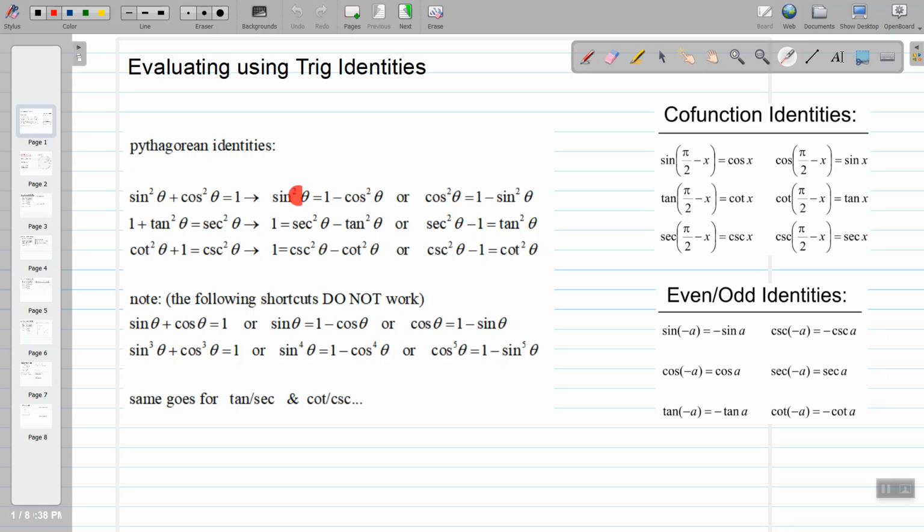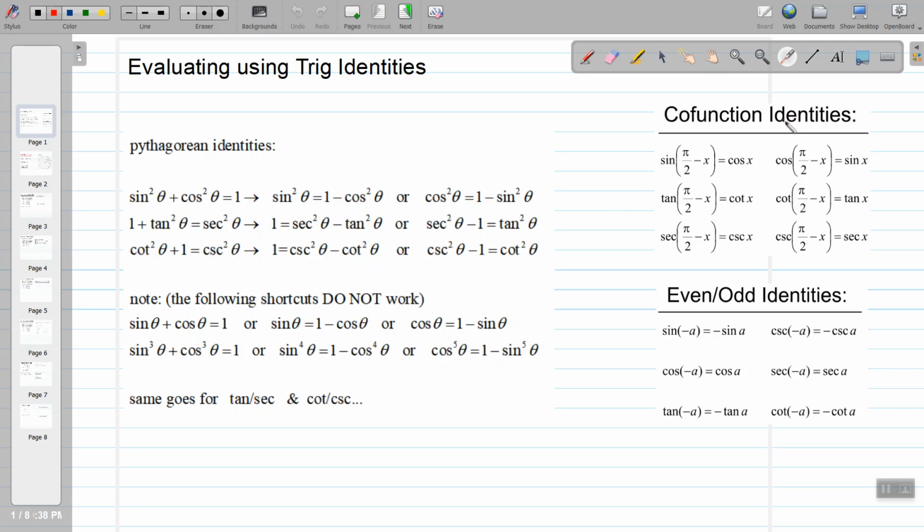And then what I've done on the side is rewrite it for the situation where you have sine squared and you want to replace it with this, or you have cosine squared and you want to replace it with that. Oftentimes in these problems you don't always use it this way. Sometimes you need to use variations of your identities, and that's what these are for. Again, make sure you're very familiar with this block of formulas.